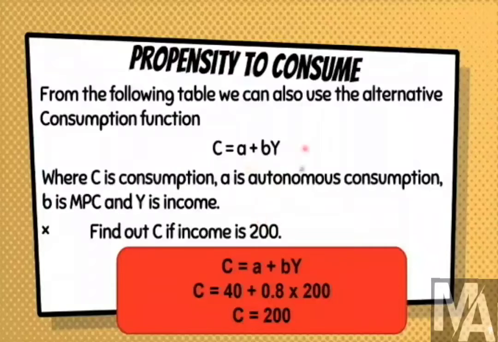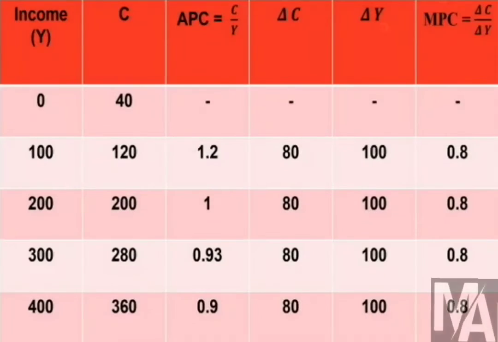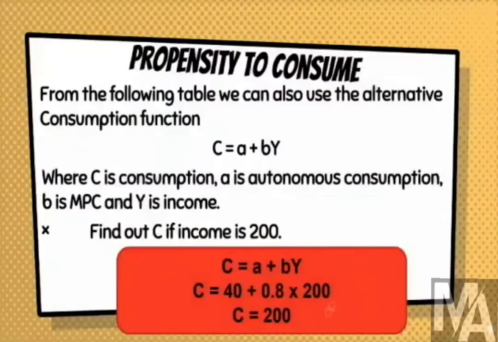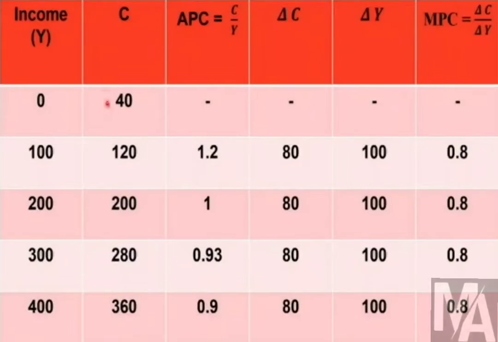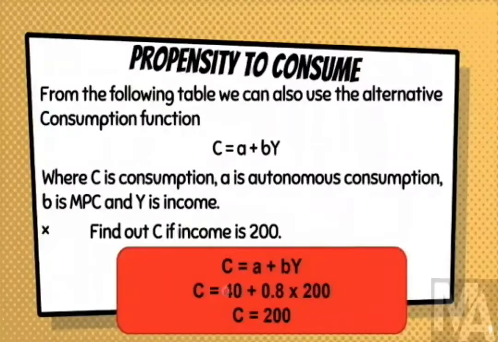Now imagine, using this table's values, we have to find out C if the income is 200. So we will use this formula here. C, we have to find this out. A, autonomous consumption, if you remember, is the initial level of consumption when income is 0. We consume even when we do not have income, and that consumption when income is 0 is called autonomous consumption. So here in this table, autonomous consumption is 40 units, so that is going to be substituted as A here.